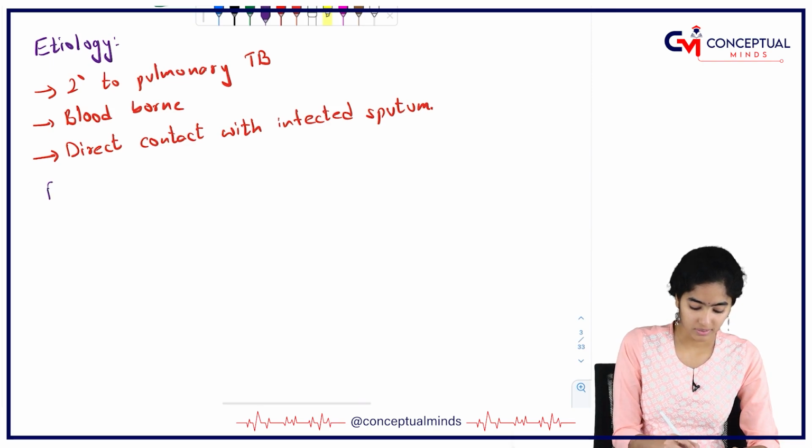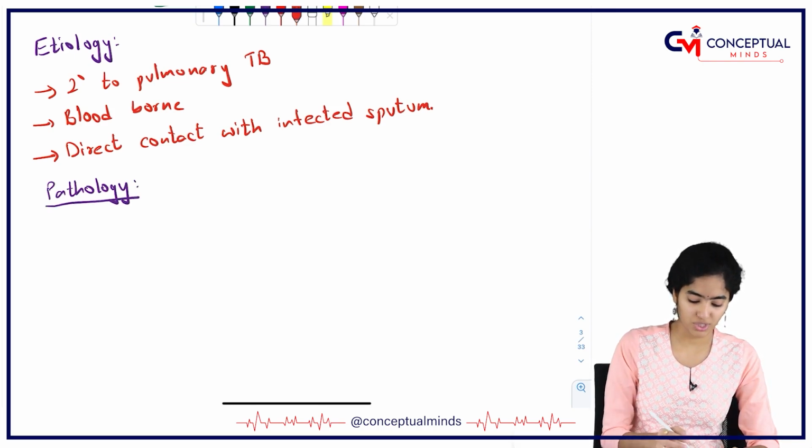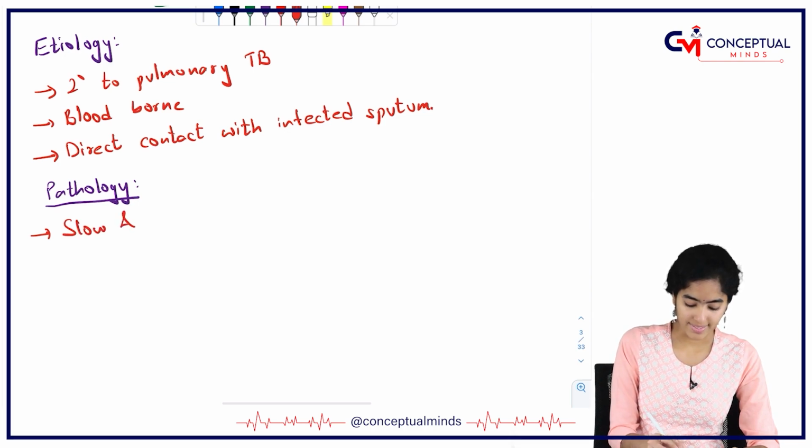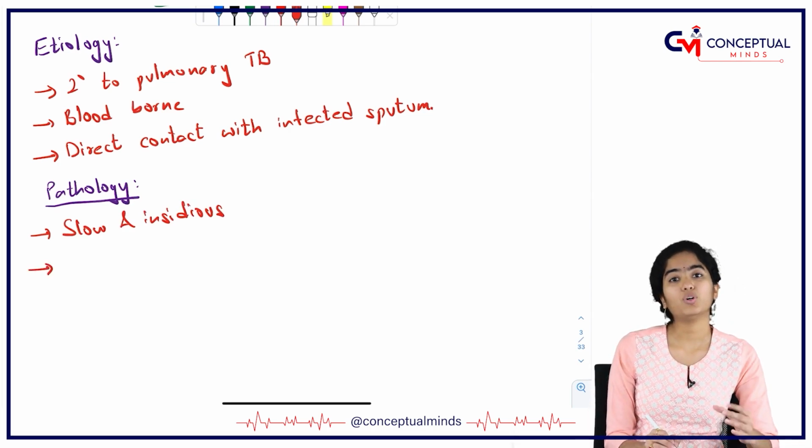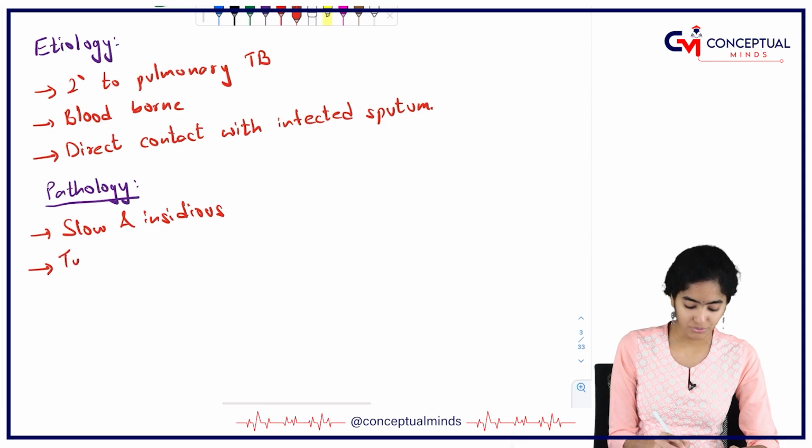If we look at the pathophysiology of tubercular otitis media, the most salient features are it is slow and insidious in onset and progression. Tubercles are seen as the main feature. And where are the tubercles seen?